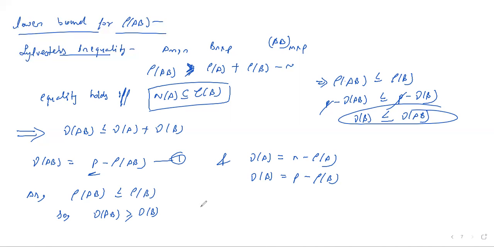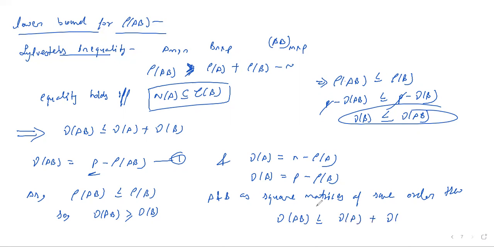So if A and B are square matrices of the same order, then we will have nullity of AB less than or equal to nullity of A plus nullity of B. You can check it very easily.